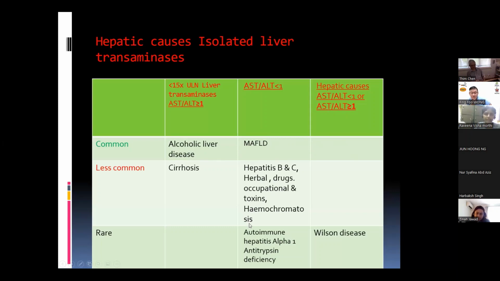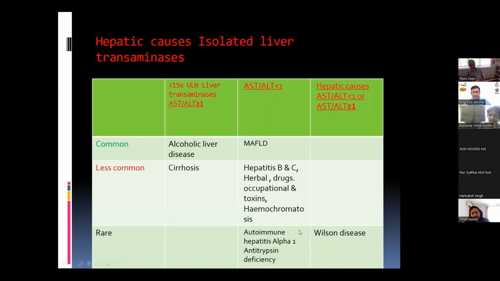So 3 H's for less common, and 2 A's for rare ones: autoimmune and alpha-1 antitrypsin deficiency. So remember, the most common causes are NAFLD and alcohol with a different ratio: AST to ALT less than 1 in NAFLD and more than 1 in alcoholic liver disease. Less common are the 3 H's in Australia, and then the 2 A's.